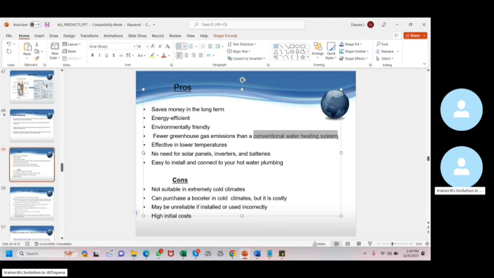Don't confuse it; it's the old hot water system they mentioned. Comparatively, the gas emission is fewer in this heat pump, and it is effective in lower temperatures.